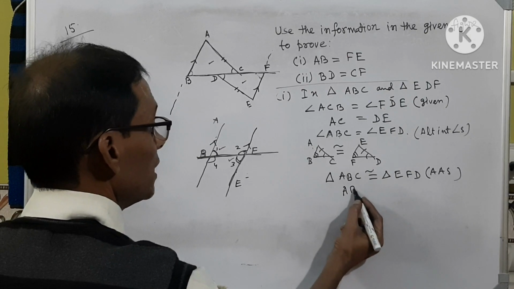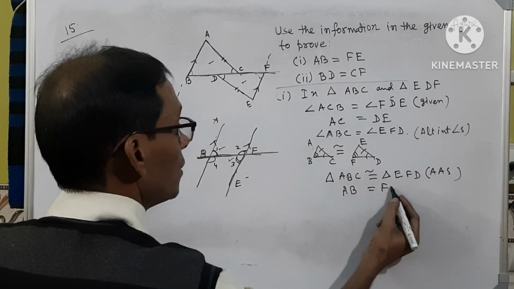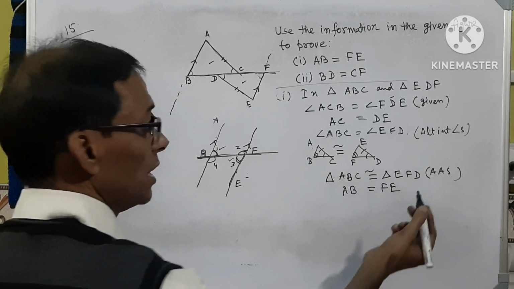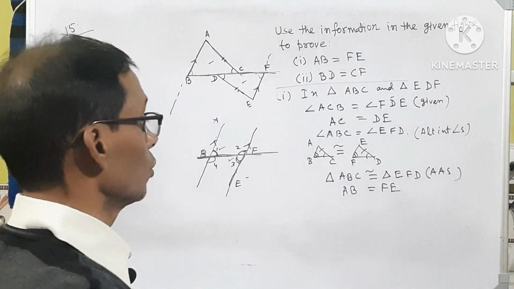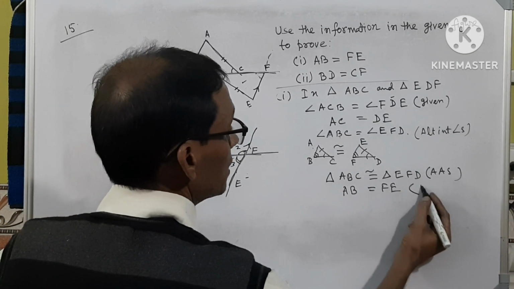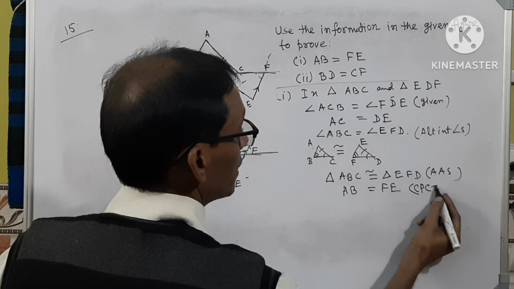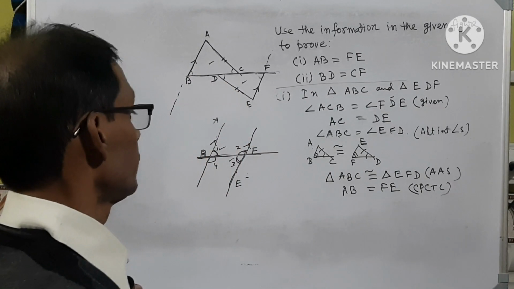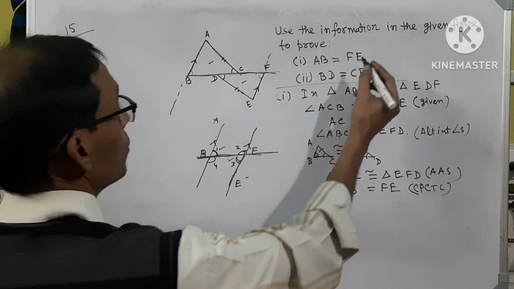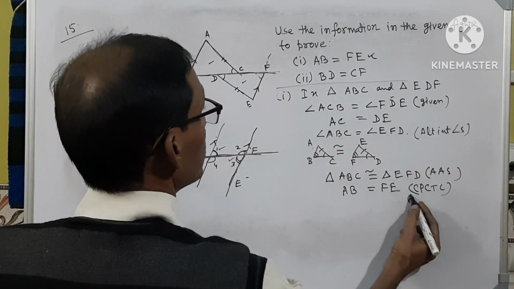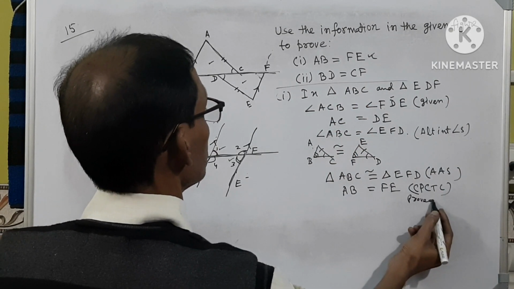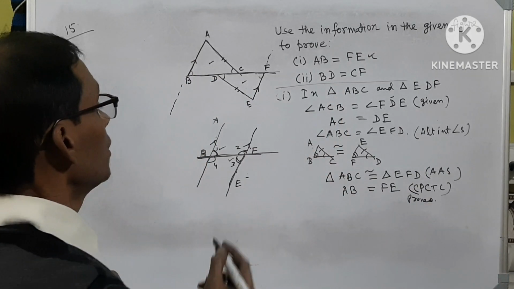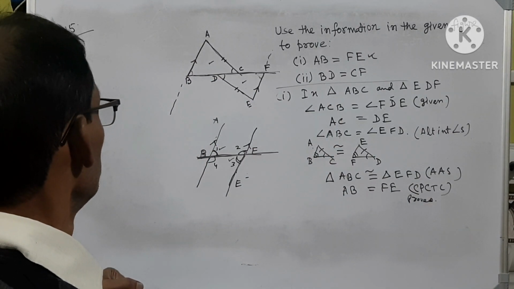So easily you can say AB equals FE, you can say FE or EF, line segment, both. So this is CPCTC. First one is proved. And BD equal to CF.